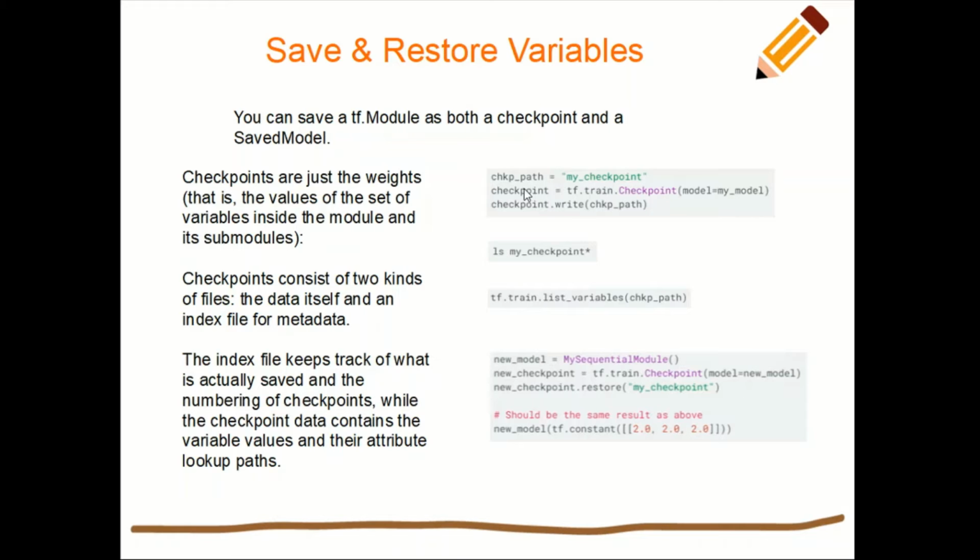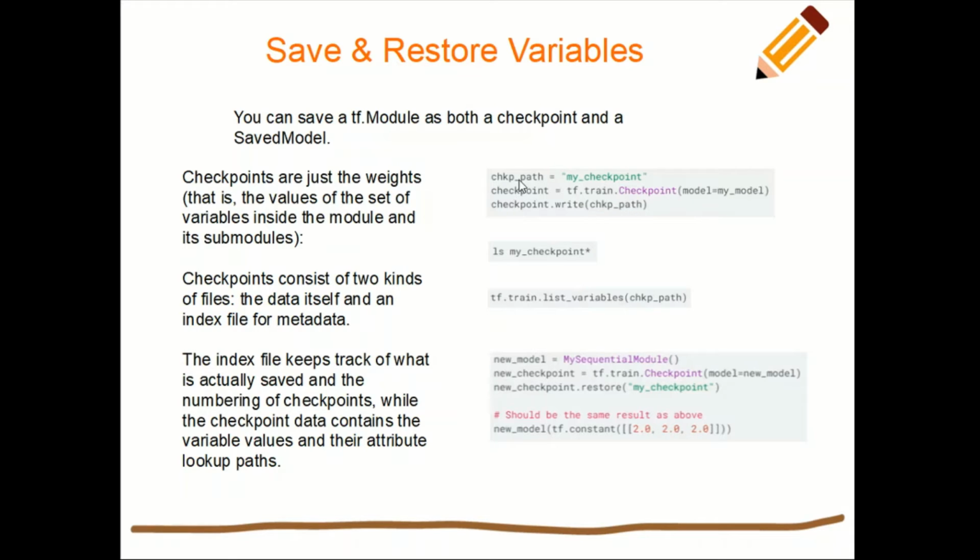So we create a checkpoint, we create a path, and then we write the checkpoint to that particular path. When we are writing a checkpoint to a path, it is going to look at this particular model. It will take all the variables, because as we already know, it's easy to collect all the trainable variables, and then we can write them onto a storage device.